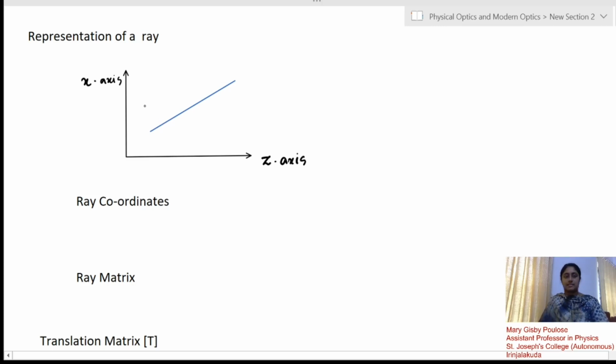with the z-axis. Let us assume a light ray from point A to B. Its distance from the z-axis is represented by x and the angle made with respect to the z-axis is represented by alpha.